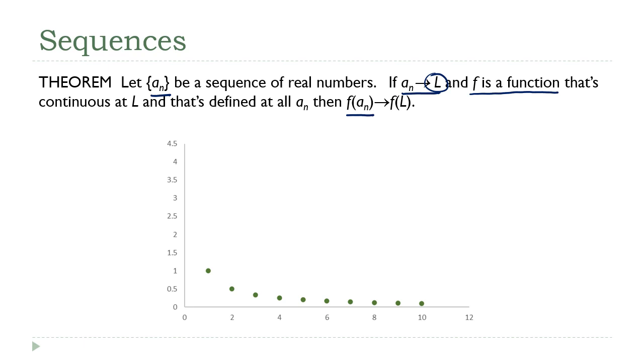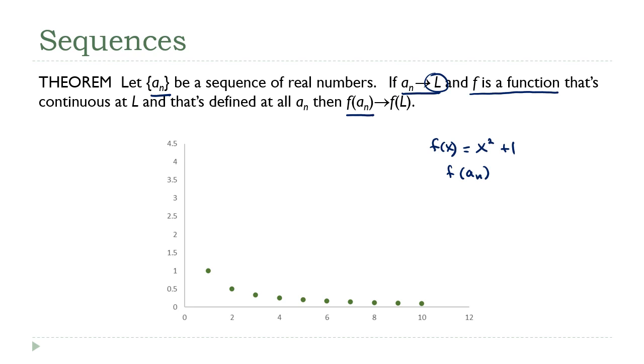So to see what this is saying, take a look at the sequence below here, which approaches 0 as n goes to infinity. Now, let f of x equal x squared plus 1. If we take every value of the original sequence, we can generate a new sequence by calculating f of a sub n.